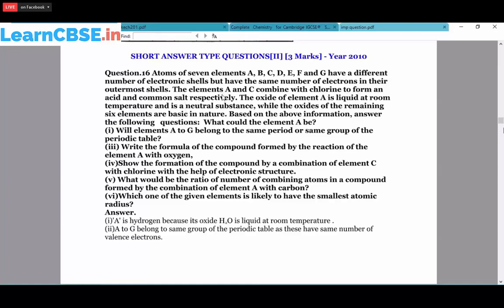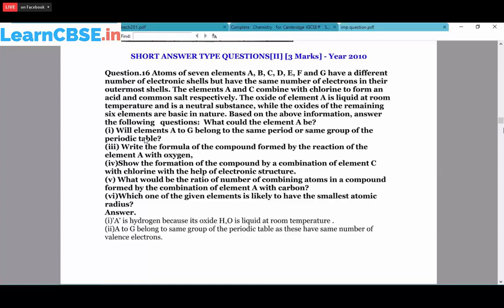The elements A and C combine with chlorine to form an acid and a common salt respectively. The oxide of the element A is liquid at room temperature and is a neutral substance, while the oxides of the remaining six elements are basic in nature. Based on the above information, answer the following questions. What could be the element A, B?